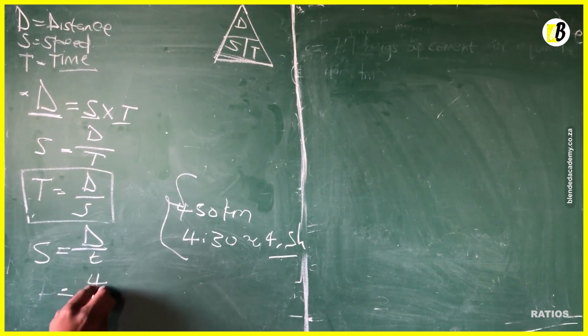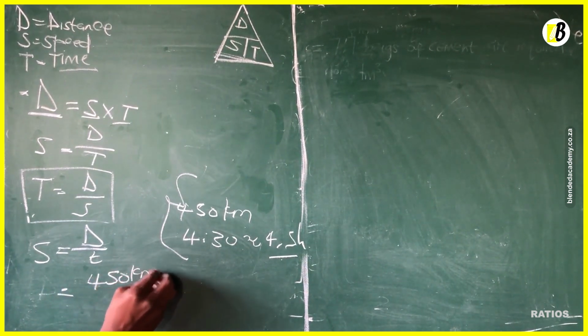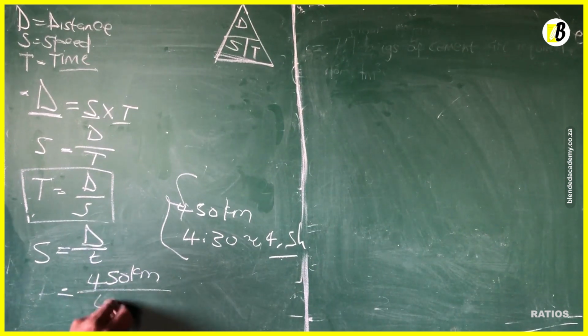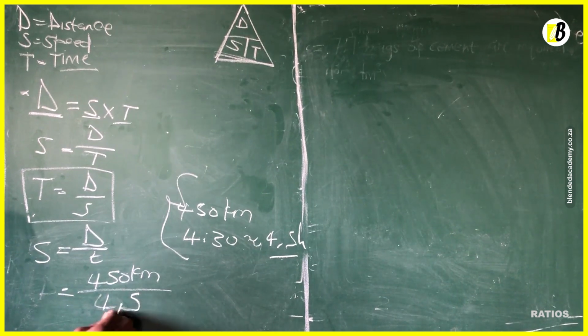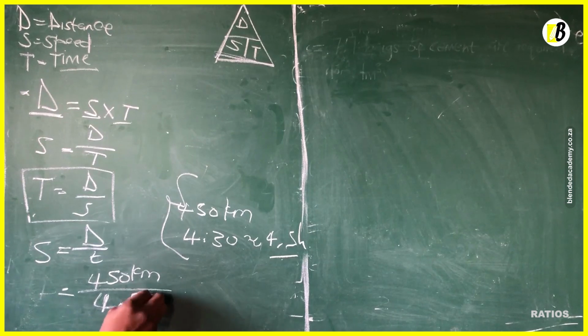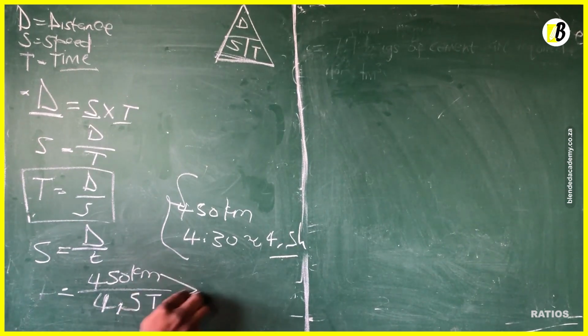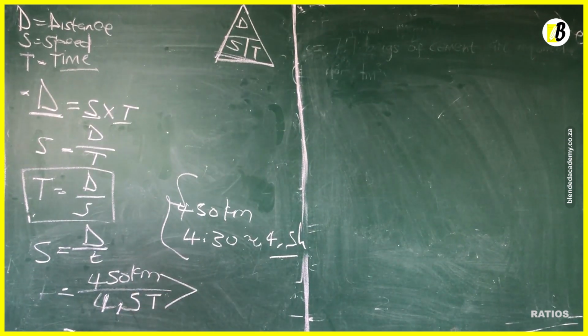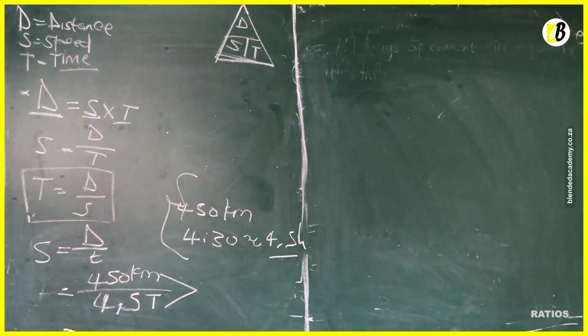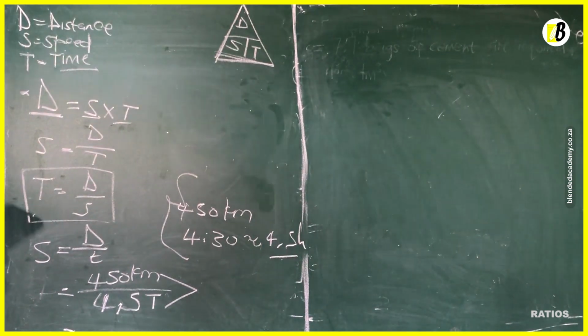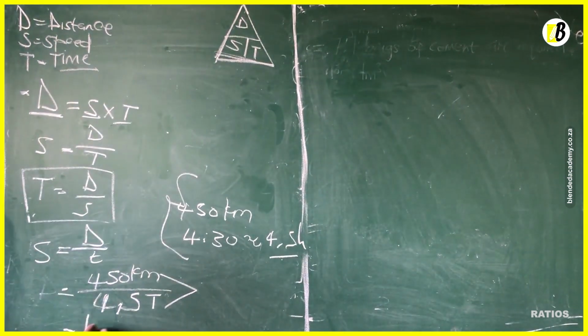Our distance is 450 kilometers divided by 4.5. So this is time. These two units are going to be in our final answer. Let's see. It's going to be 450 divided by 4.5.